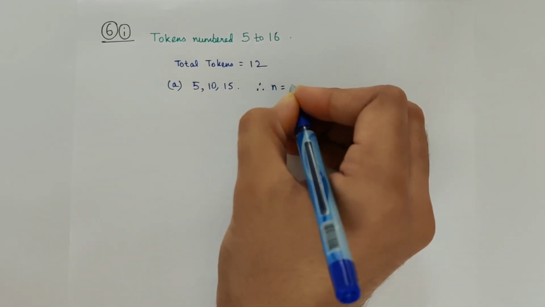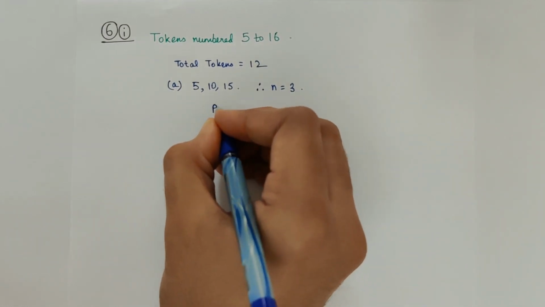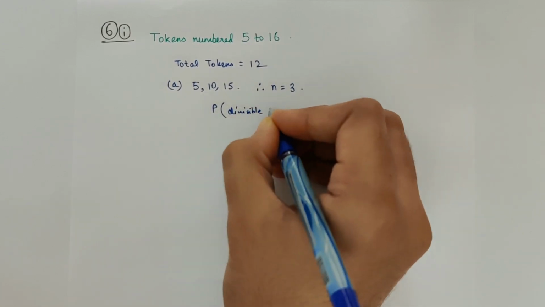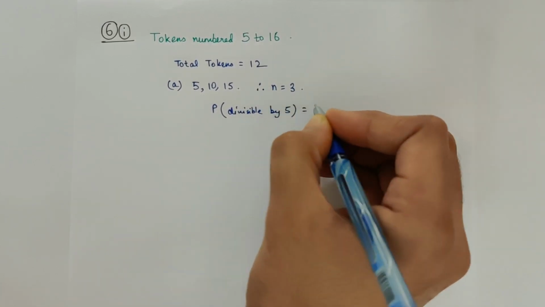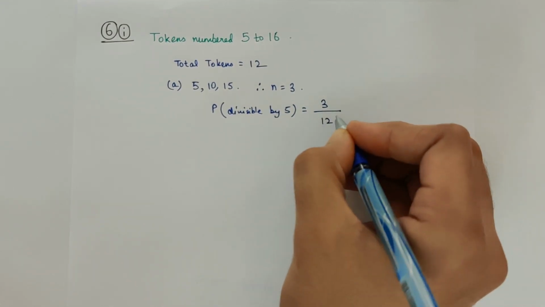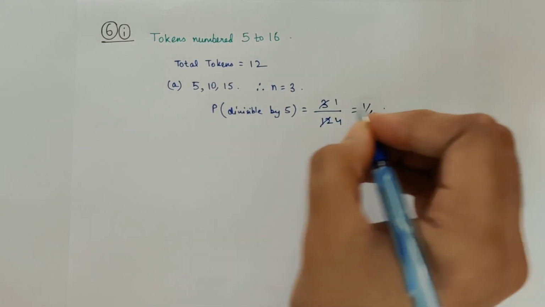Therefore, n is equal to 3 because there are 3 numbers divisible by 5. So probability of divisible by 5 will be equal to 3 divided by the total tokens, which is 12. So we have 1 by 4.